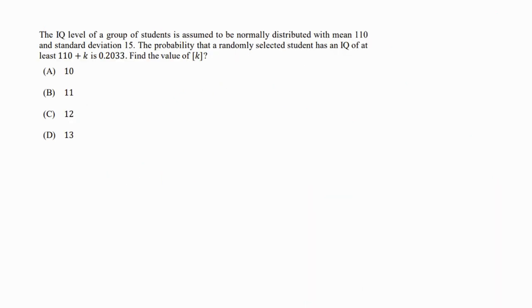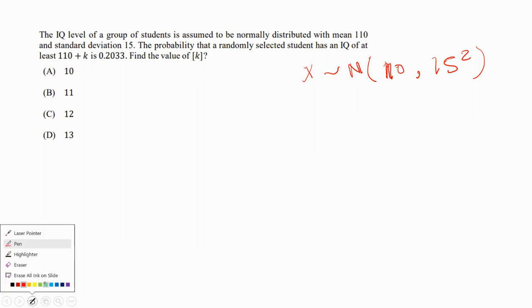So next we have here that the IQ level of a group of students is assumed to be normally distributed with mean 110 and standard deviation 15. So firstly we will just write x follows normal with mean 110 and standard deviation 15, so variance will be 15 square.